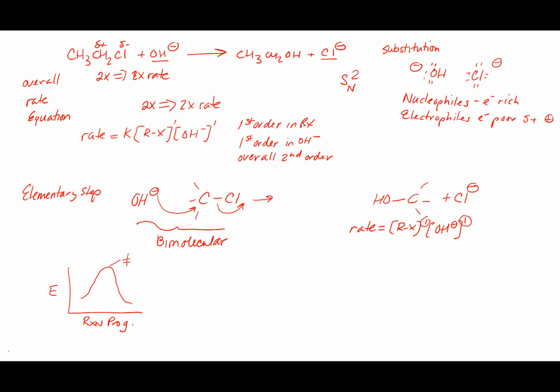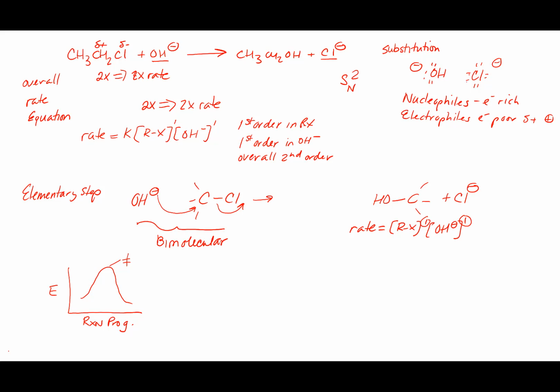You cannot put a transition state in a bottle and study it. It's too high energy. It exists for just a split second as the reaction occurs. So transition states have to be studied a lot of times on the computer, or we can infer a lot of things. But I can't study a transition state directly.